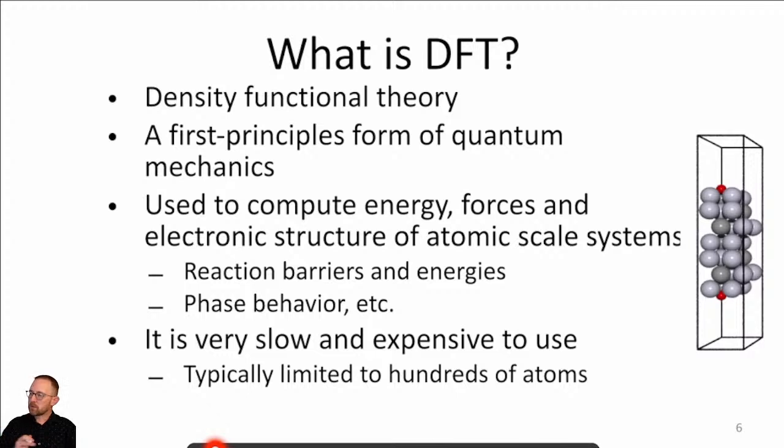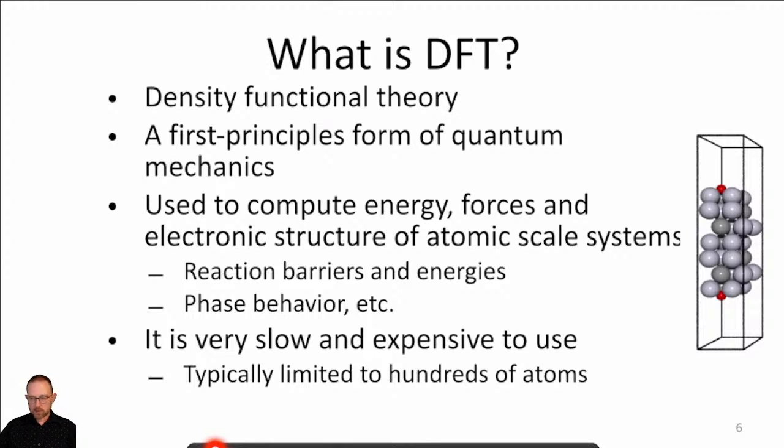What we do with density functional theory is calculate the total energy and the forces on all the atoms in this system. We can combine that with optimizers to find the lowest energy of the system, and then combine it with thermodynamics to calculate things like reaction energies, reaction barriers, phase behavior, etc.